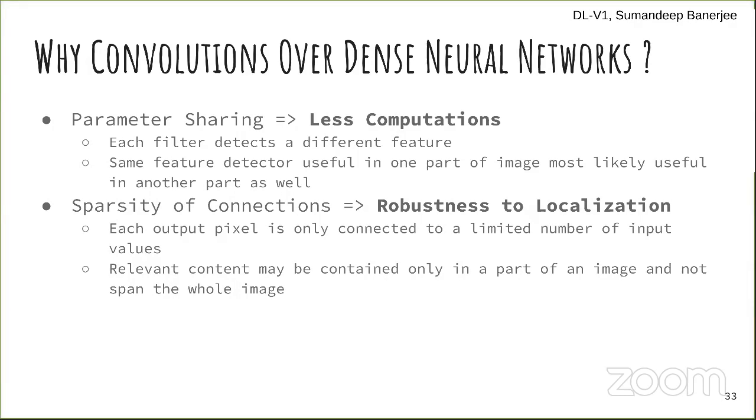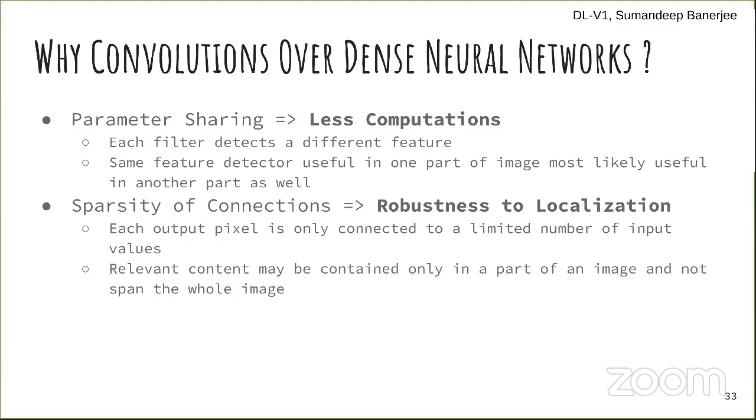So it does not make sense to have a network which takes in all the data of all the pixels just to find, say, the ear of a dog or the eye of a human in a classifier. This also provides robustness to localization. No matter where the ear is, it will still get detected properly.